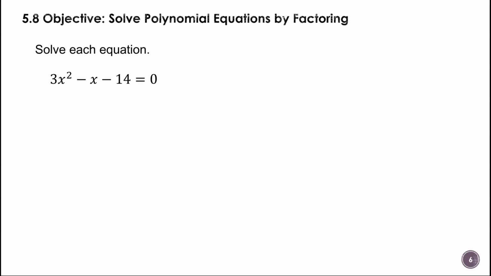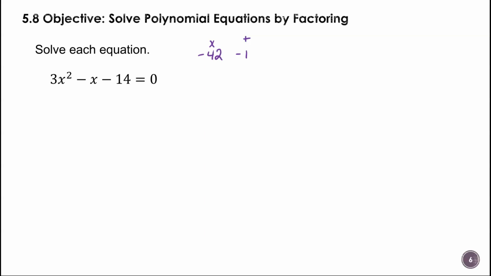All right, so here's the next one. This is one that some of you will choose to factor using the AC method, or the grouping method, as our book calls it. So you would multiply 3 times negative 14. We're going to find factors of negative 42 that have a sum of negative 1.